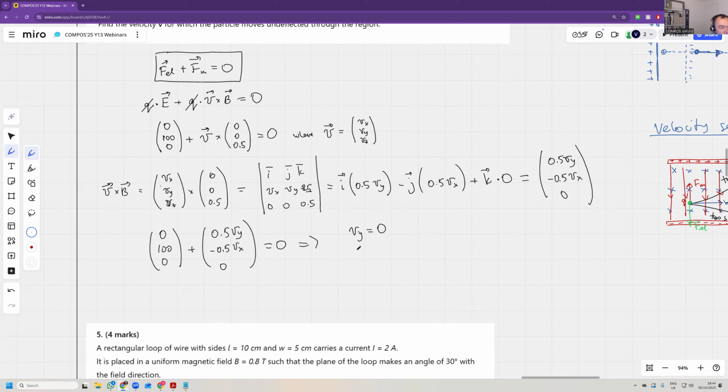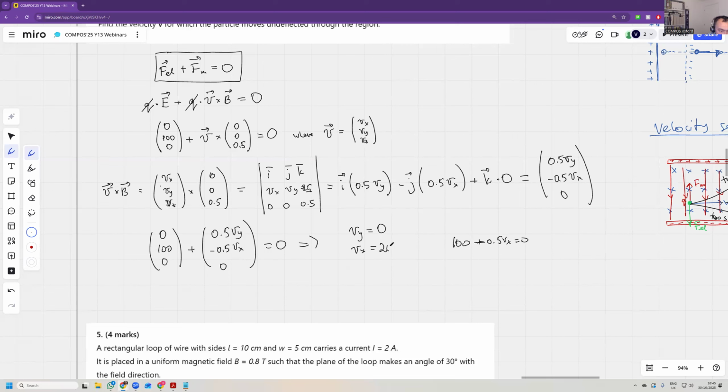Oh, wow. We don't know anything about Vz. So Vx is, as you can see, 200. If you solve this equation, 100 minus 0.5 Vx is 0.